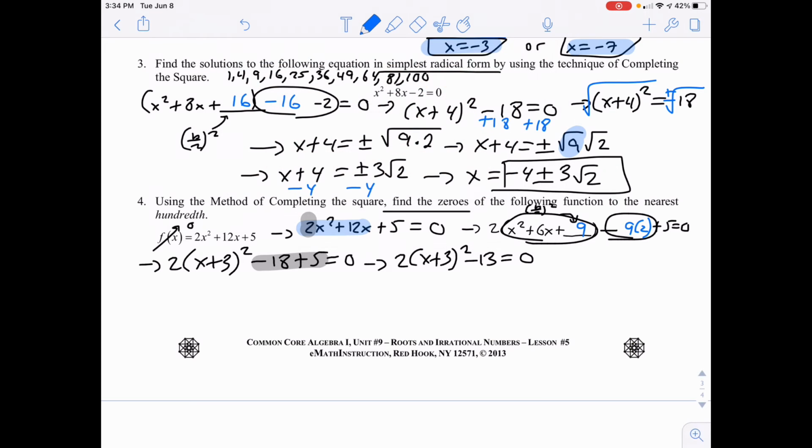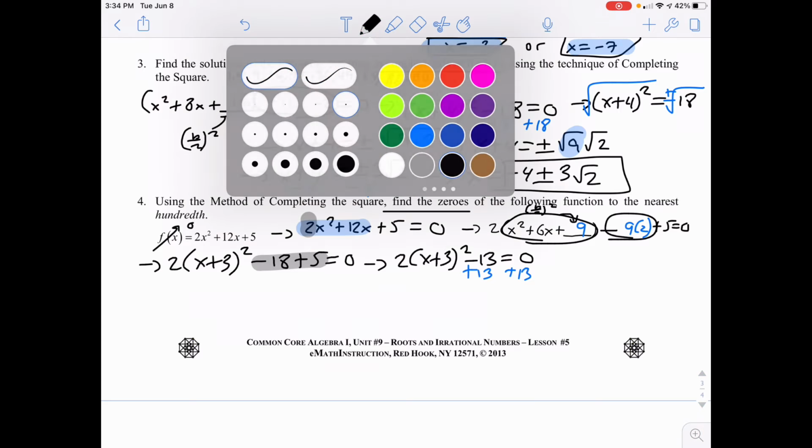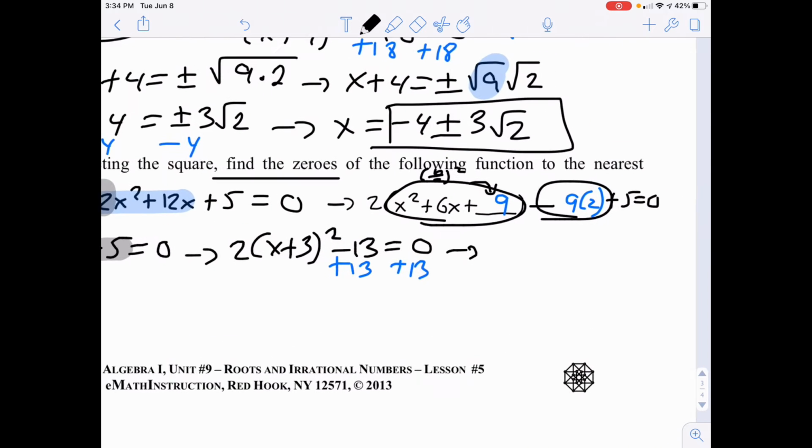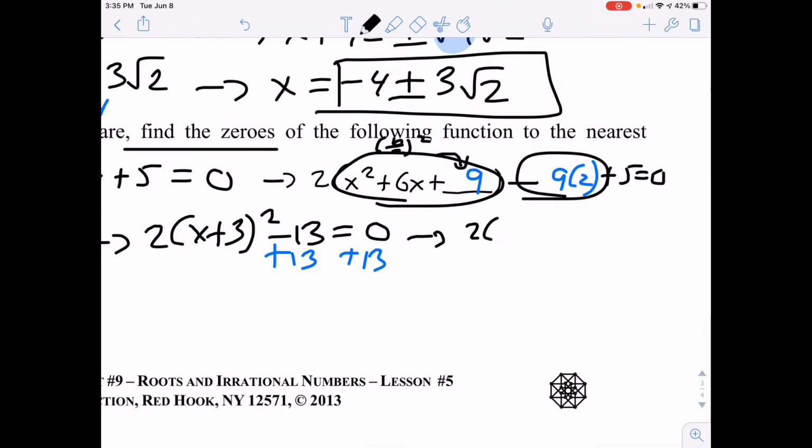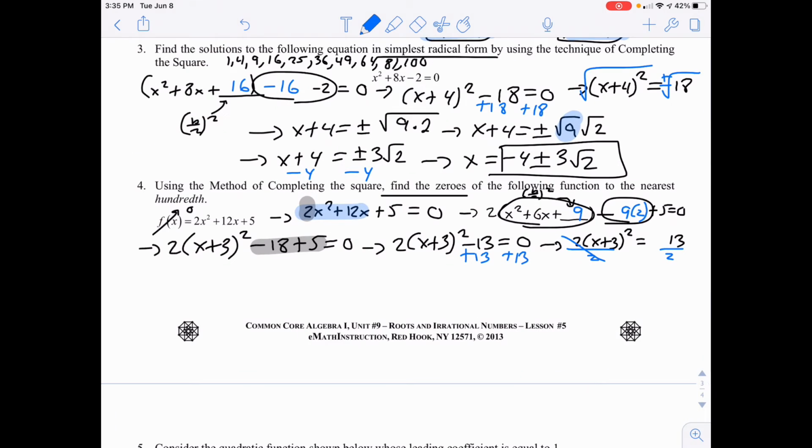Let's go ahead and add 13 to both sides. And we get 2 times the quantity x plus 3 squared equals 13. Let's go ahead and divide by 2 before we square root. And we end up with the quantity x plus 3 squared equals 6.5.